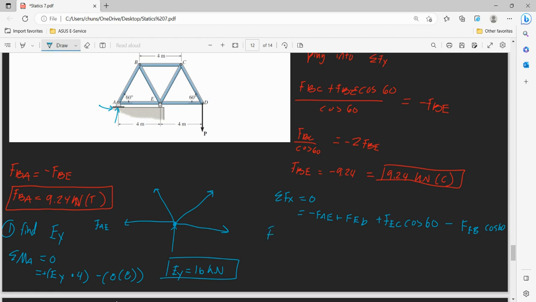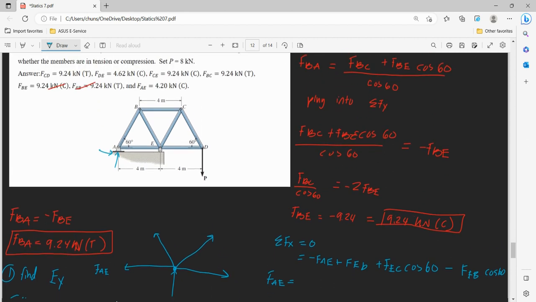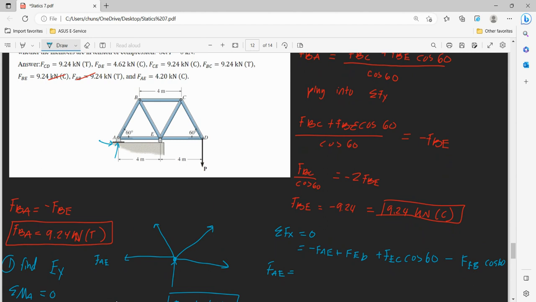So we can get FAE equal to, so let's add all of these together. So ED was negative 4.62, and this is plus FEC.